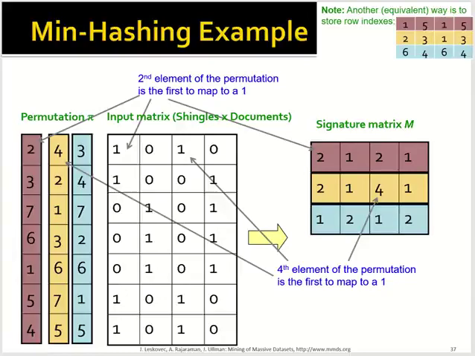Another equivalent way is to store the row index here. For example, the 1, the 2 is what we got in the permutation, and it happens in row 1. Because this one actually resides in row 1, that's where the 1 comes from.